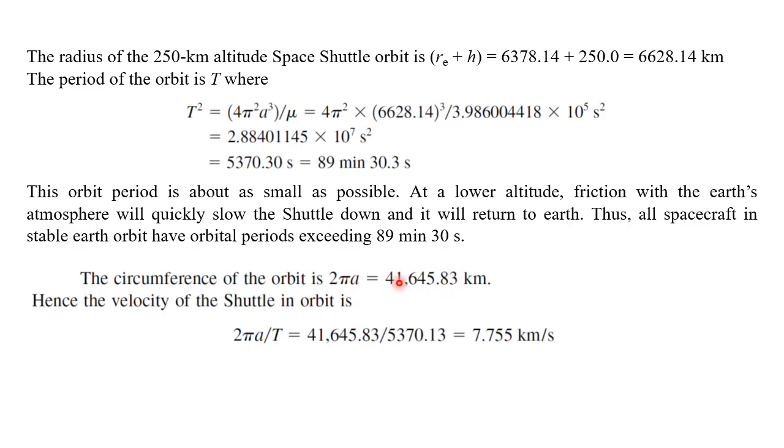So the velocity of the shuttle in the orbit will be the circumference divided by the time period of revolution. It turns out to be nearly 7.7 kilometers per second. This is the velocity of the shuttle at a height of nearly 250 kilometers above the Earth's surface.